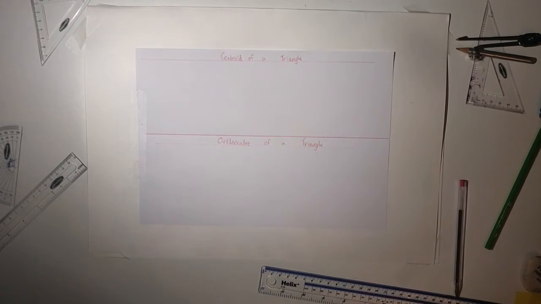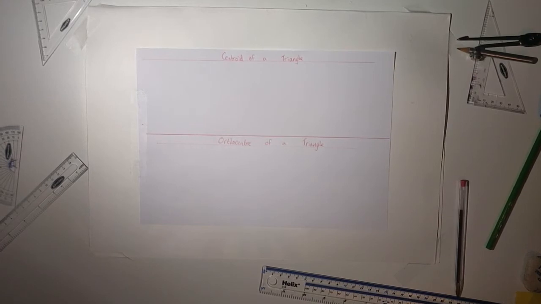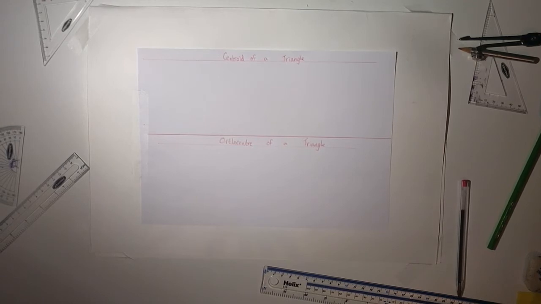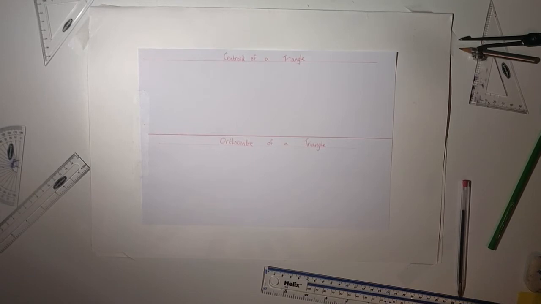So the two last constructions we need to know is how to construct the centroid of a triangle and how to construct the orthocenter of a triangle. So just a small bit of theory, the line segment that joins the tip of a triangle to the midpoint of the opposite side is called a median.